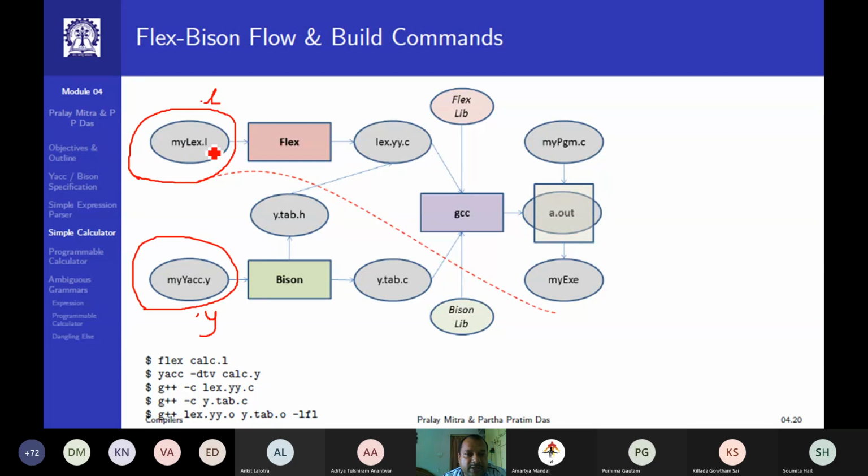Now my lex.l, using the flex utility, will by default generate lex.yy.c. And when it generates that, it will also include y.tab.h, because in .l you mentioned include y.tab.h.